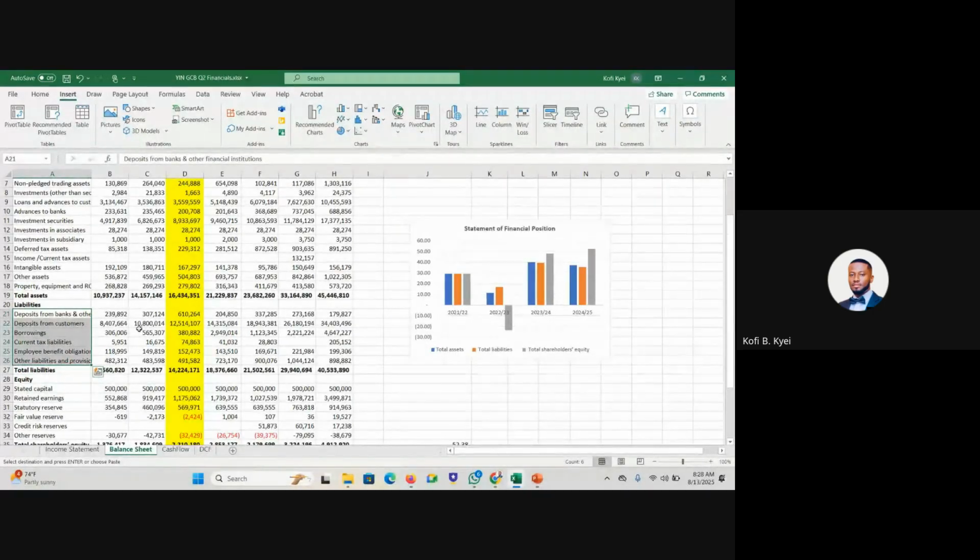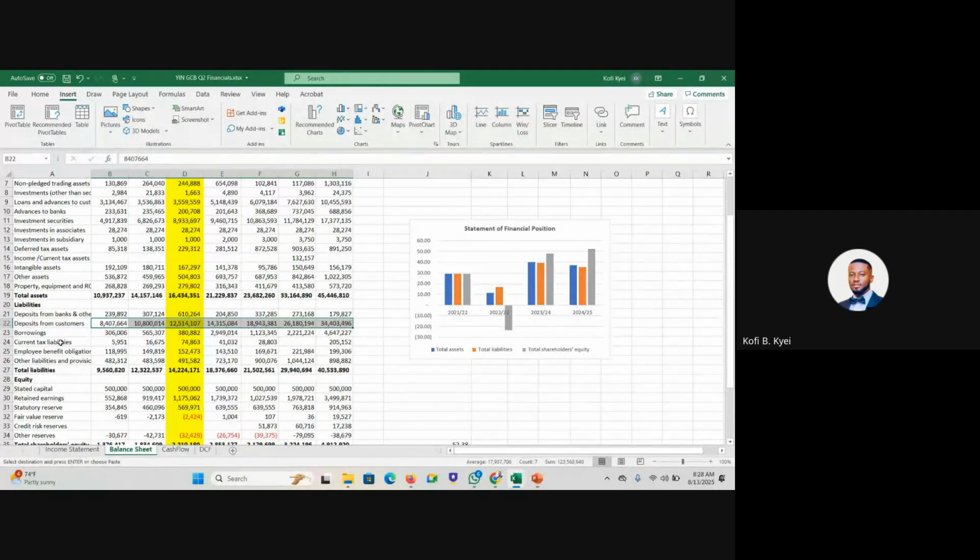As these deposits from customers keep growing, it shows that the bank has an obligation to pay all these monies back. So the bank has to work with these inflows to get more income on them, to pay their staff, to pay for expansion, all the things that they want to do. They have to work with these monies judiciously so that they are able to pay back.